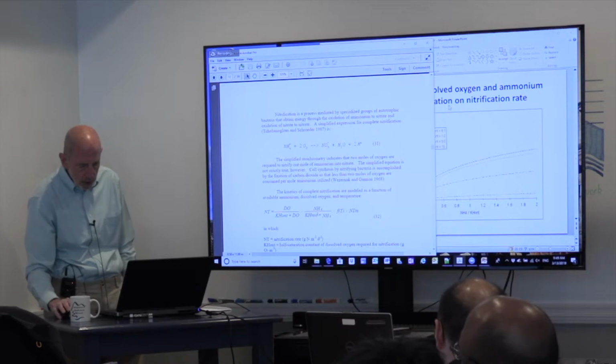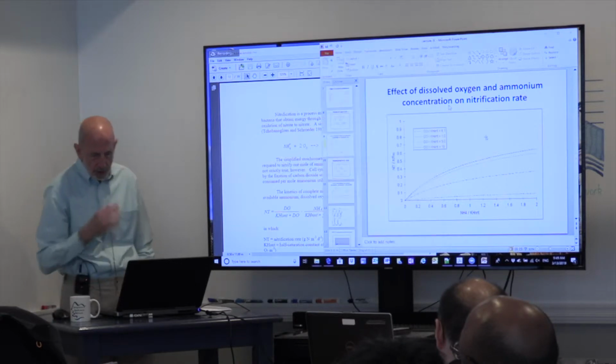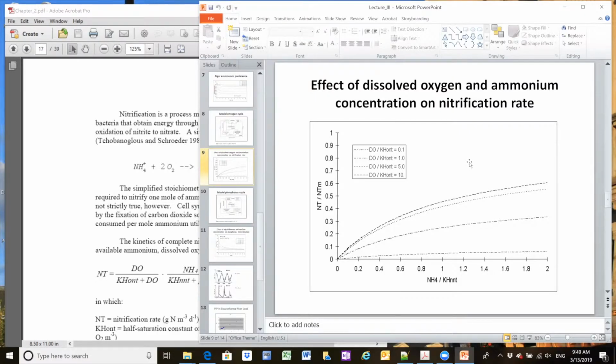So there are two rectangular hyperbolas, and it looks sort of like that. This is the ammonium, and as the ammonium increases, the rate of nitrification increases, and this is oxygen, and as oxygen becomes unavailable, the rate of nitrification decreases.